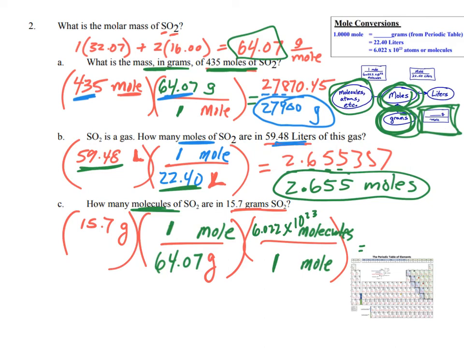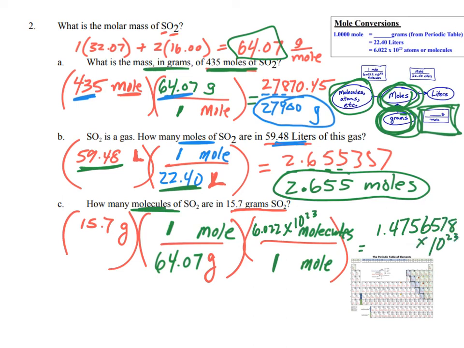That would be 15.7 times 1 times 6.022 times 10 to the 23rd, divided by 64.07 divided by 1 equals, calculator says 1.475657 times 10 to the 23rd.